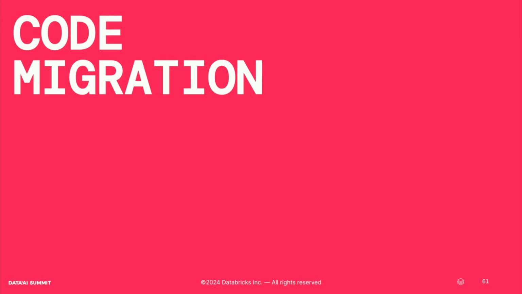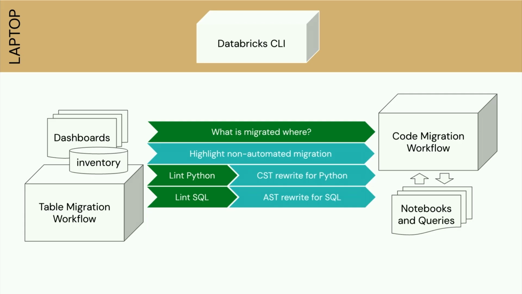Then the other major workflow I want to briefly touch on is code migration. During code migration, we really want to analyze something like 10 million notebooks and give customers answers to a couple of questions, like what tables were migrated where, and what is not compatible with Unity Catalog in this SQL code or in this Python code.